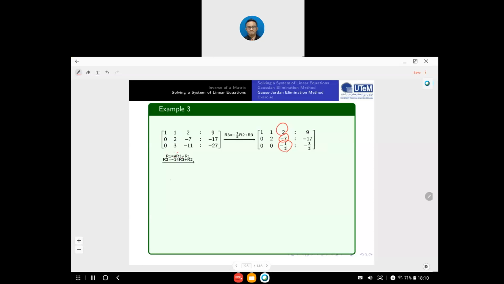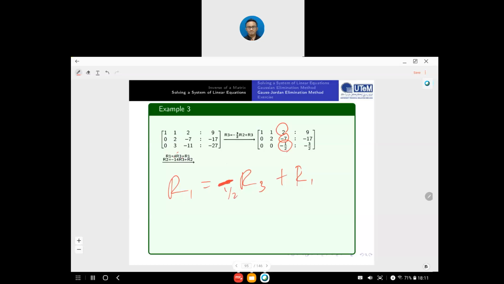You want to change row 1 using row 3, plus row 1. Okay, so tengok apa yang ada dekat function ni. Functionnya ada negatif 1 ke 2. So you put, okay, so this one you put as divide 1 over 2 here.